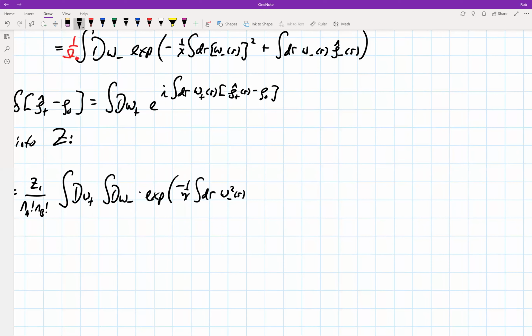The other term that only involves fields is this i W+ minus rho naught, right? That doesn't involve any microscopic density, so we don't have to concern ourselves with that. So I'm just going to tack that on. So we have minus i rho naught integral dr W+ of r.